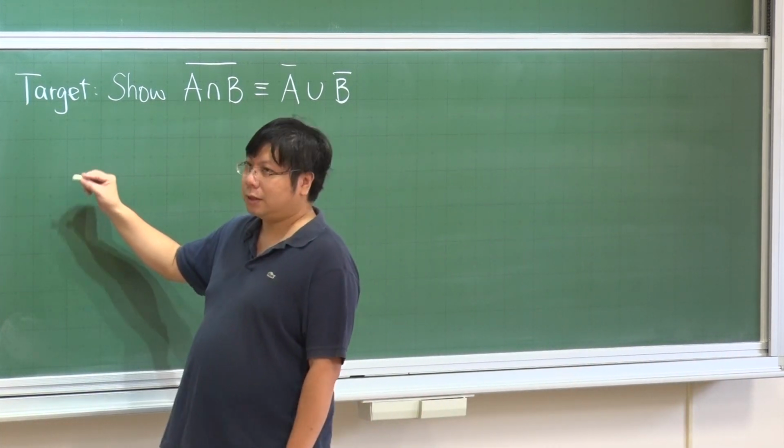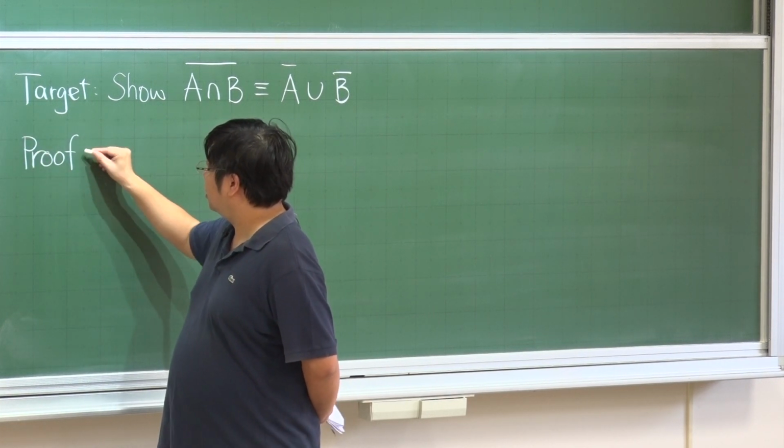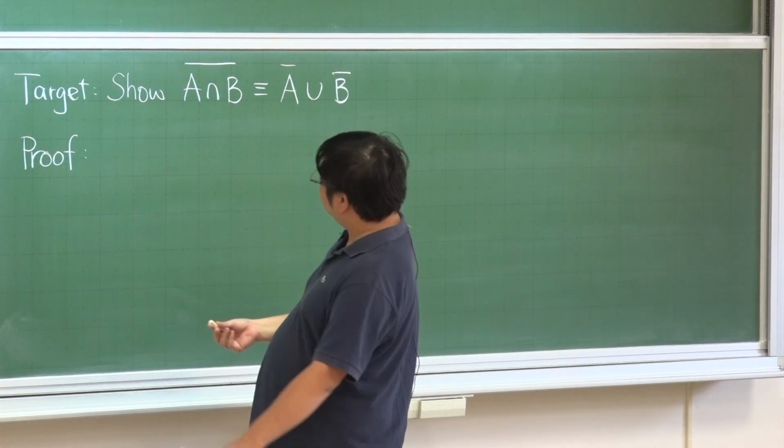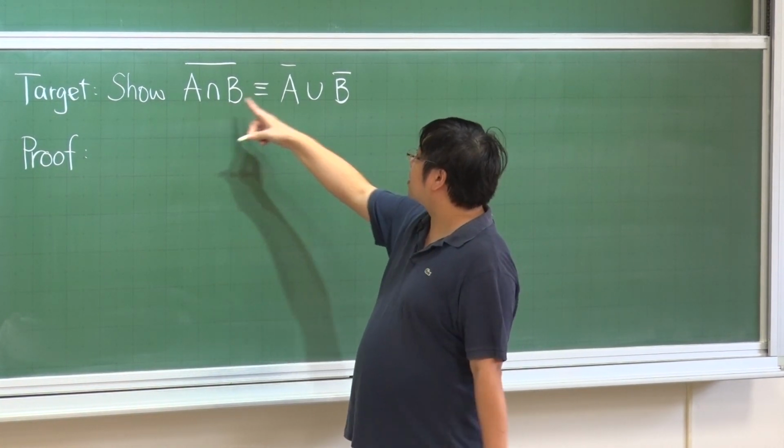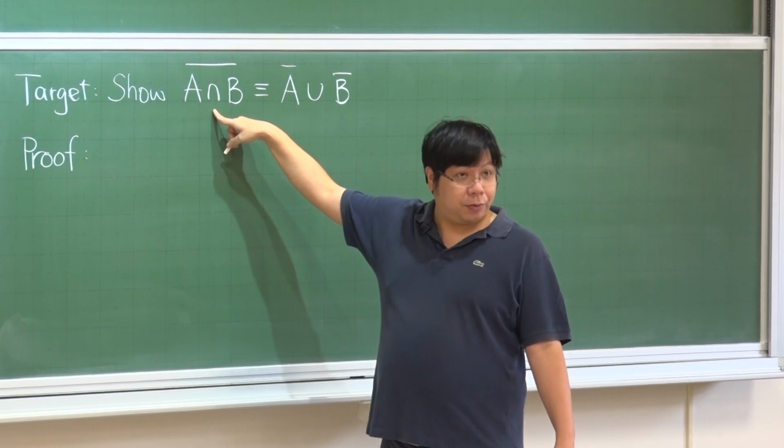Okay, so the proof: we want to prove this. So we show that this is a subset of this one, and this is also a subset of this one. So if we can show both, then done.